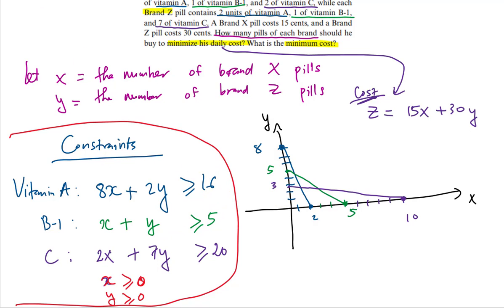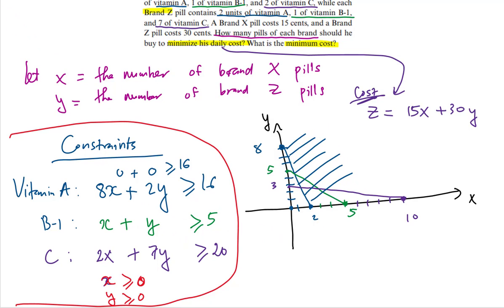So consider back to this vitamin A, this one right here. Let's use the test point. This one is this line right here. So I'm using 0, 0 as the test point. When I have 0 plus 0 bigger than or equal to 16, that is not true. Therefore, I shade the other region.